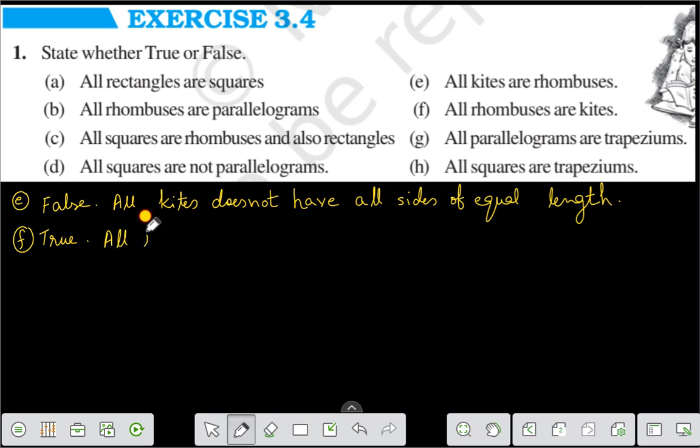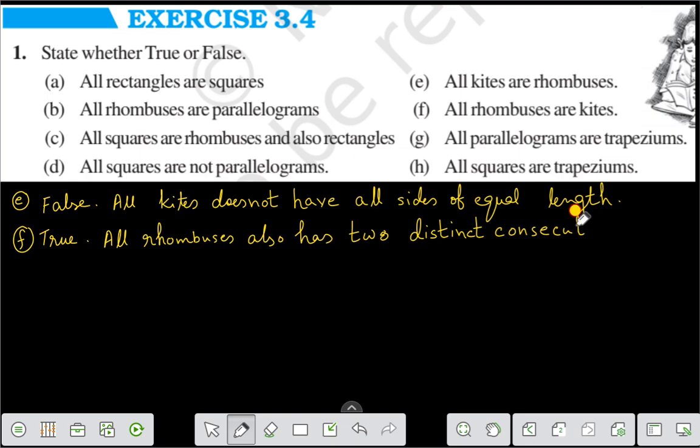A rhombus also has two distinct consecutive pairs of equal length.